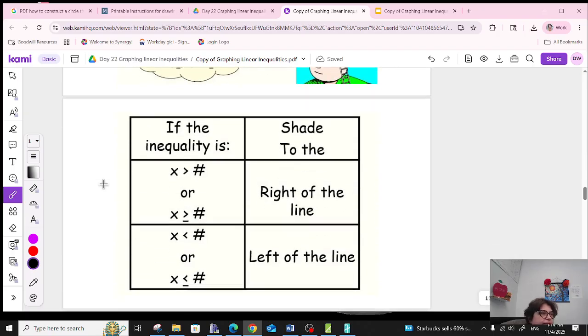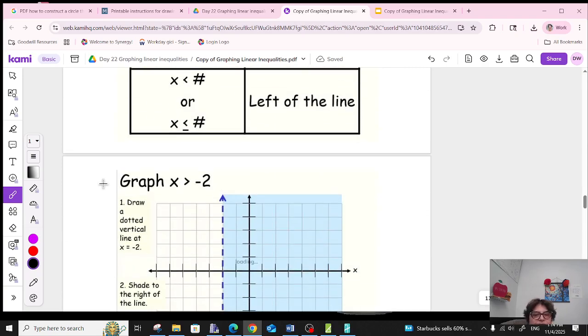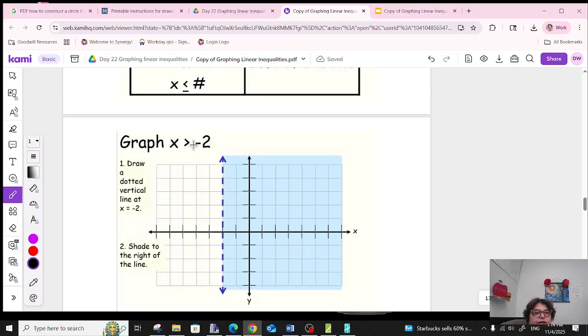And it says it on this next page too. So see here how this was greater than -2. It's dotted because it's greater than, no line under it. And since it's greater than, I shaded to the right.